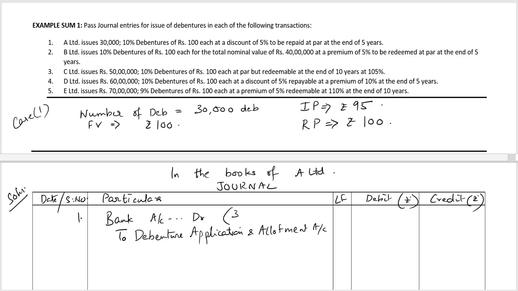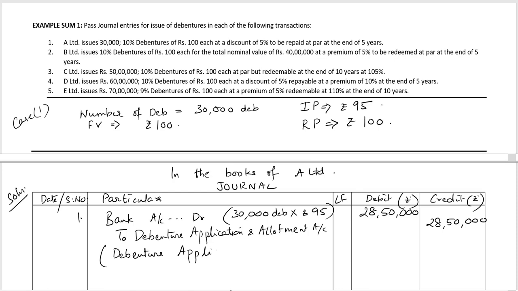Amount which has been received is 30,000 debentures multiplied by the issue price of rupees 95 per debenture, comes up to 28,50,000 rupees. For debenture application and allotment money received.